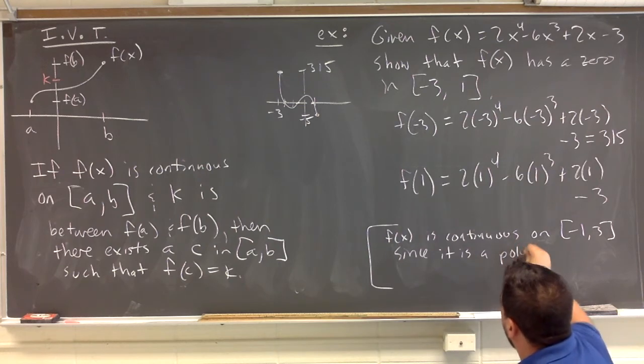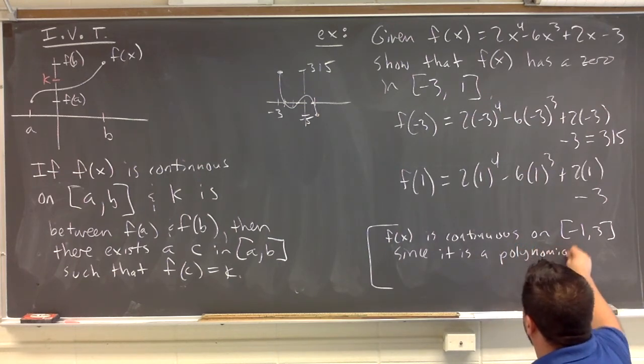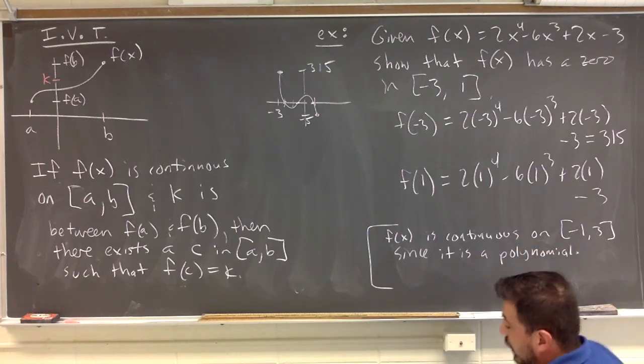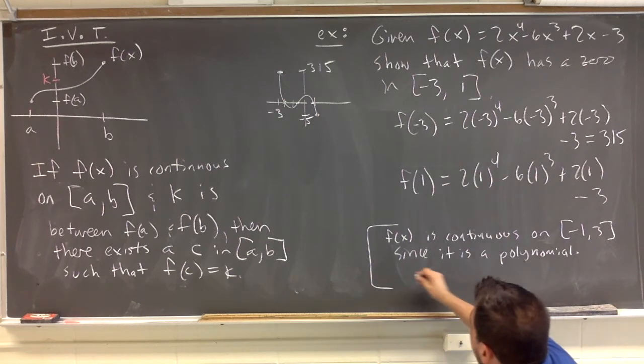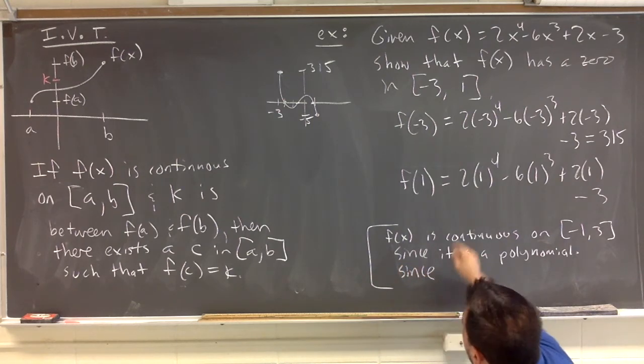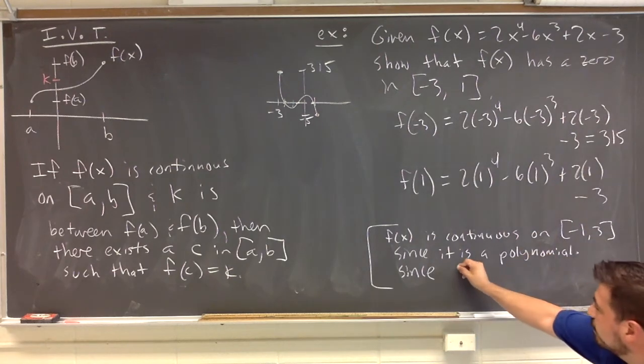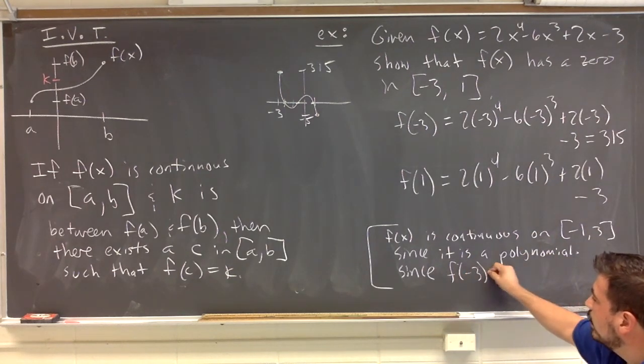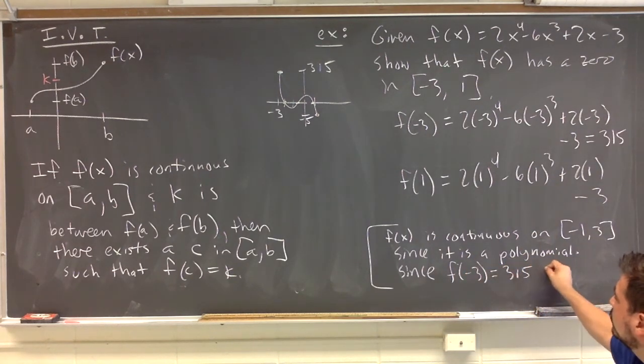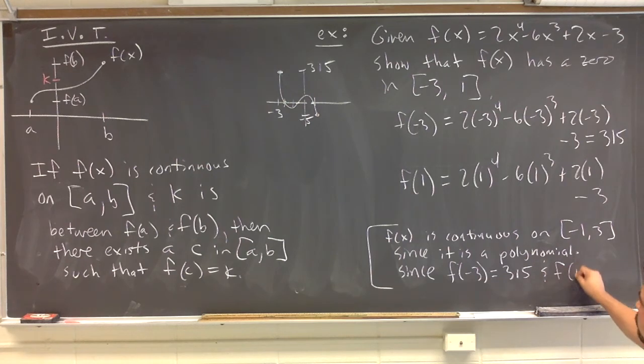All polynomials are continuous everywhere. That's number 1. And now, we calculated f of -3, which was 315, and f of 1, which was -5.